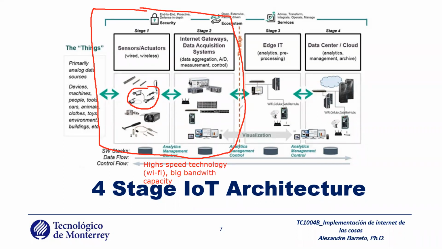And you need to transmit it to the internet. But the problem with the internet, okay, is that you have high speed, but not as high as the local network. The speed is smaller than the local network.